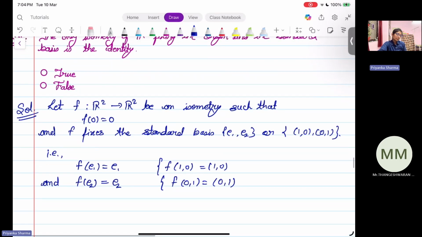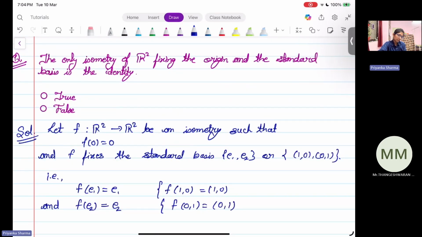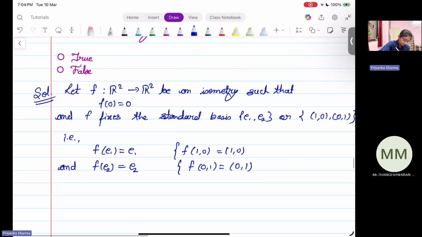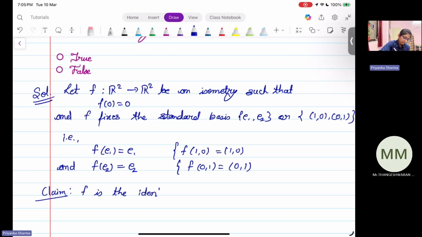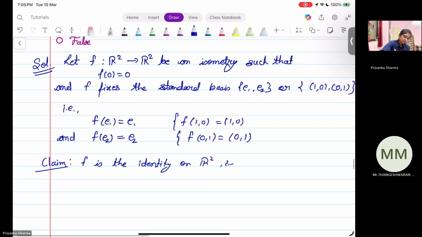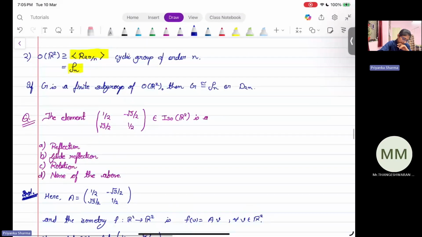Okay, then we want to check whether this f can be other than identity or not. So what is our claim? That f is the identity on R². That is, f(v) = v for all v belongs to R². Okay, so remember this result.